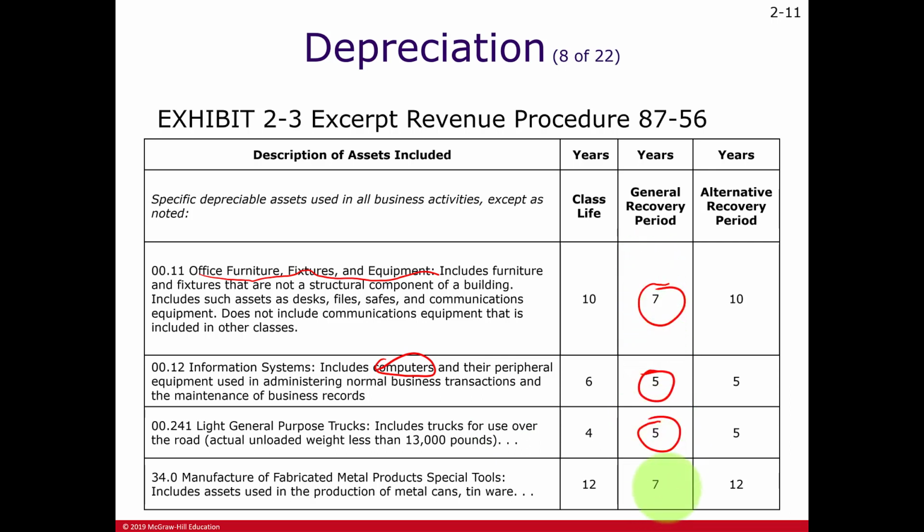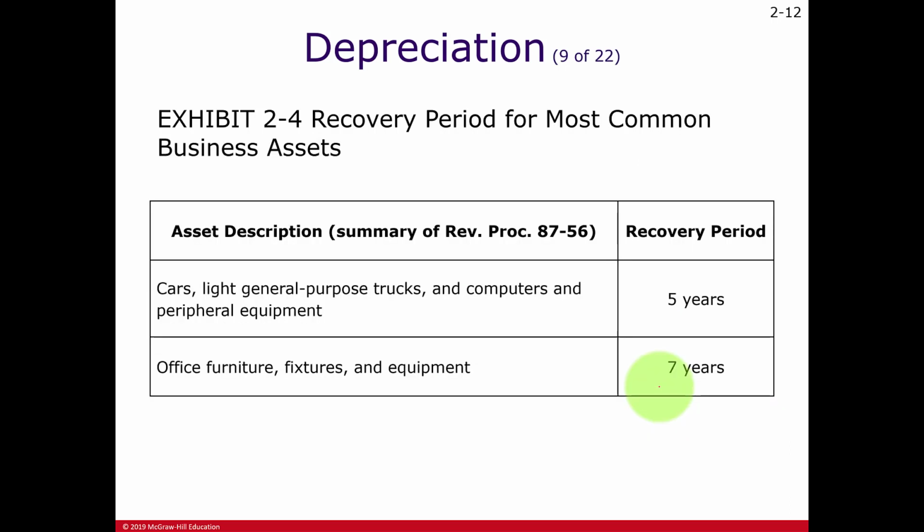There's like 10, 15, 25 year, but the common ones are 7 and 5. So for most assets we come across, most personal property can be handled with just this short table here. Again, a 5-year category and a 7-year category. If you're like me, I probably replace my computers more often than 5 years. But this is the law. You gotta depreciate your computer equipment over a 5-year period.